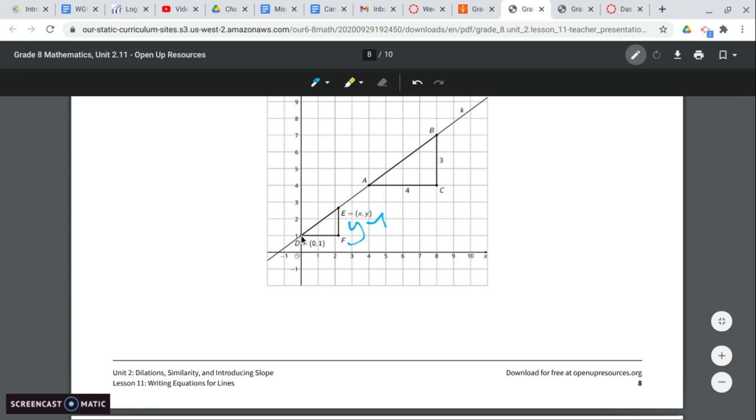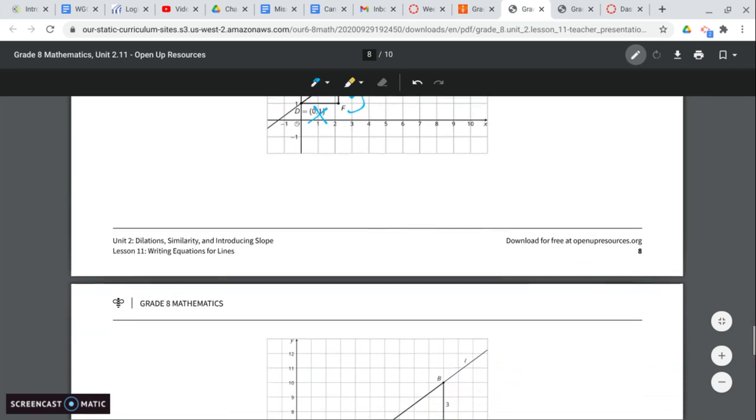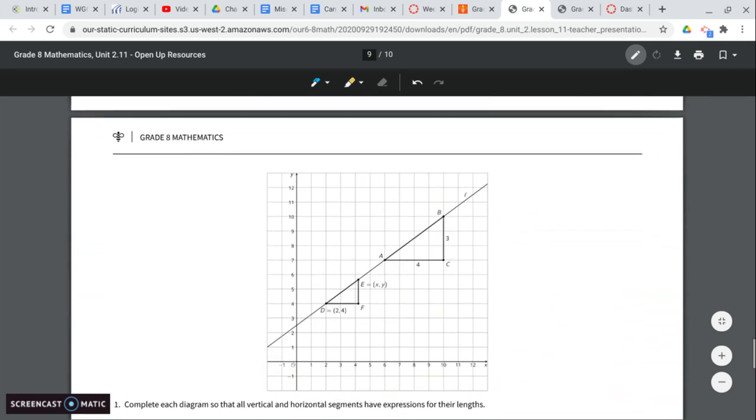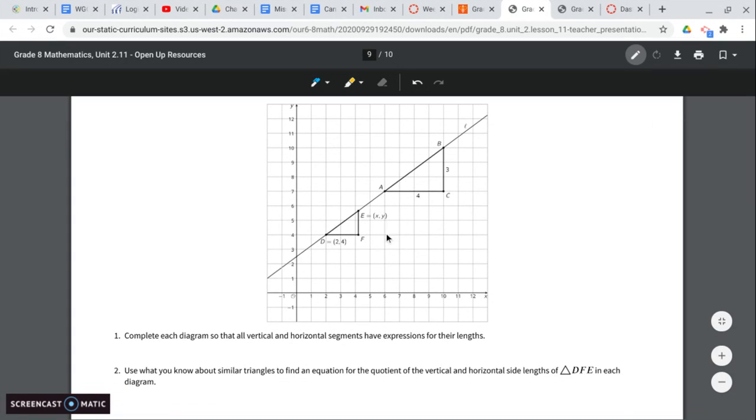This side, because it's on the y-axis, we can just label this x because we can exactly measure our x value. Now for this one, notice our triangle's way over here. It's not right at the x value, so looking at point F for the length of our horizontal, we can't do that. But it's 2 over, so we do x minus 2.